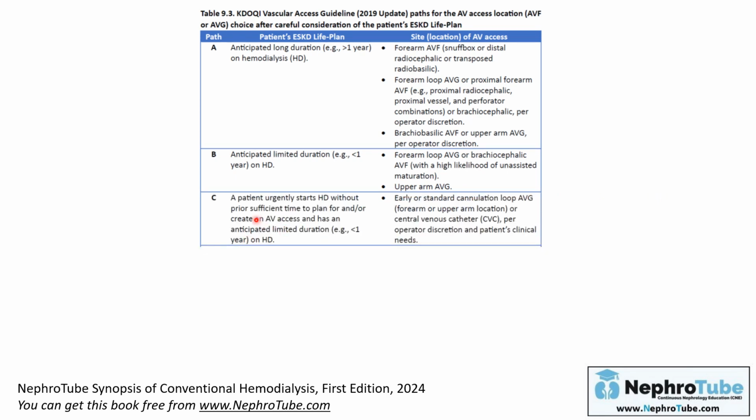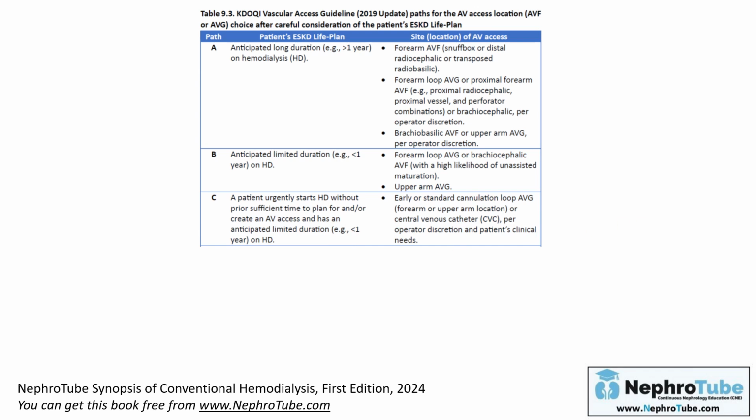Third, if the patient urgently starts hemodialysis without prior sufficient time to plan for AV access, and the duration on hemodialysis is less than 1 year, these are the options.